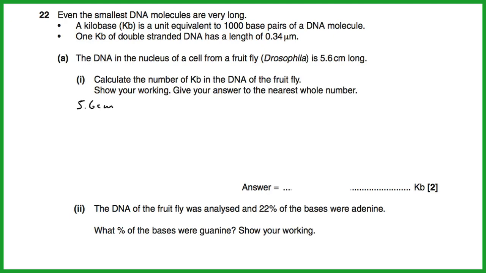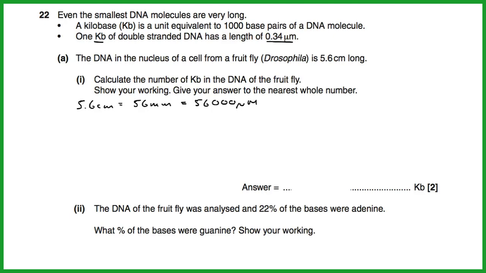First thing to do is always to convert it into SI units, which is 56 millimeters. Remember that there are 1,000 micrometers in a millimeter, so this gives us 56,000 micrometers. Now they've told you that 1 kilobase has a length of 0.34 micrometers.